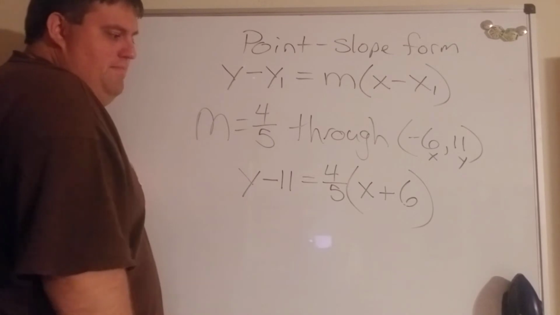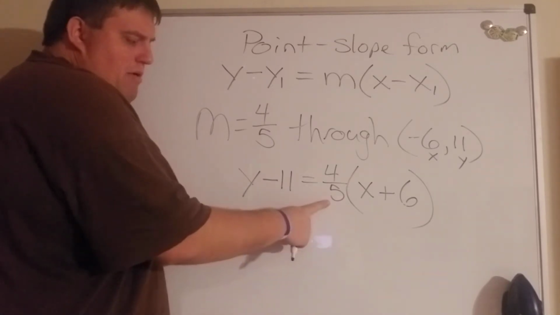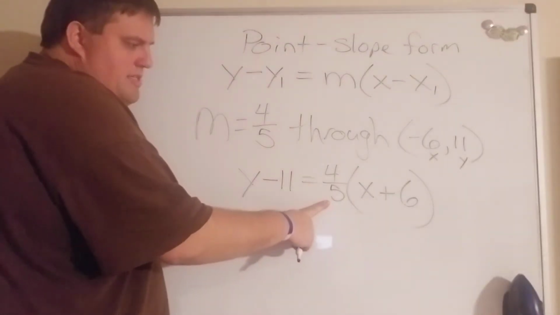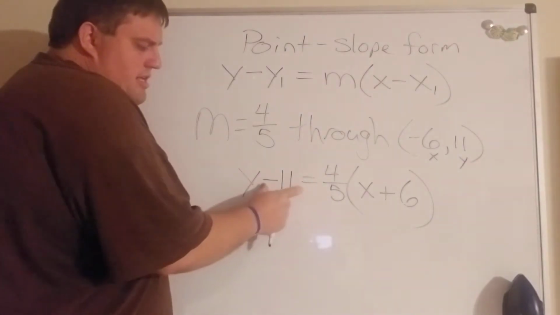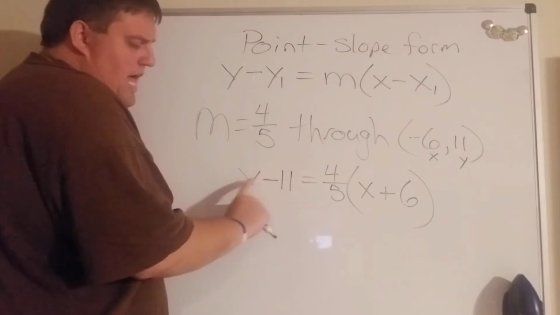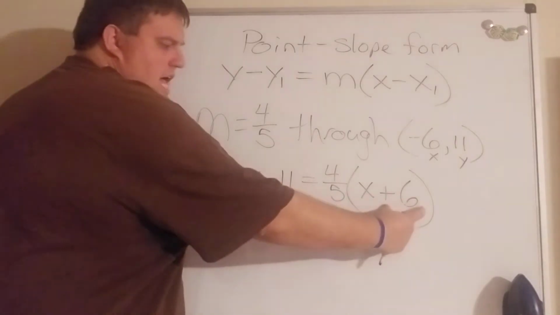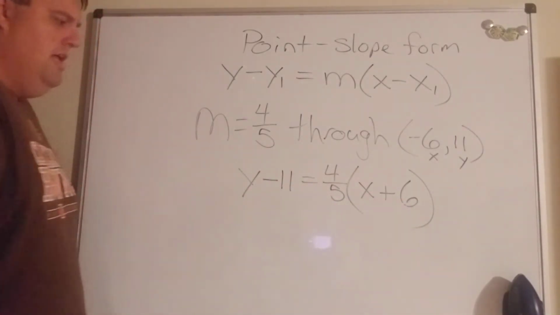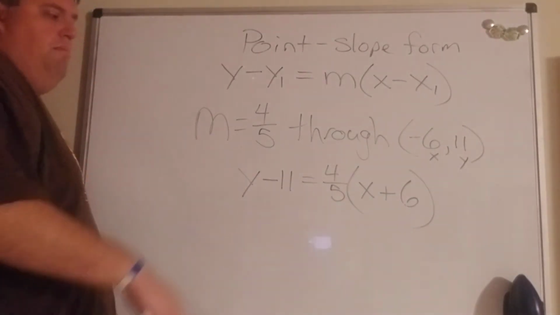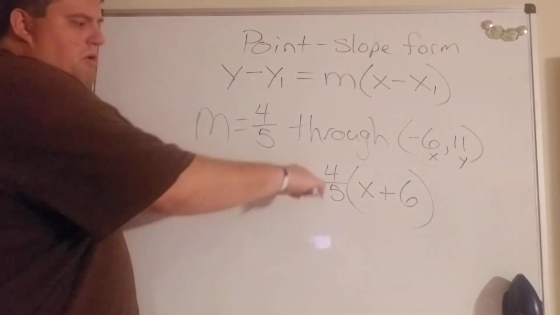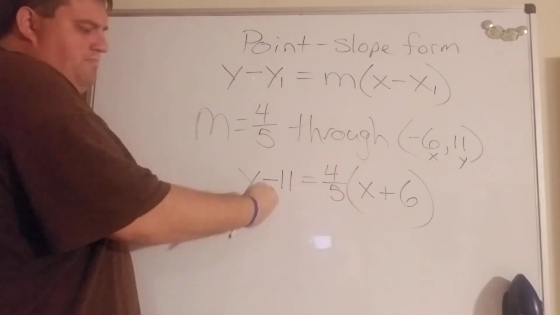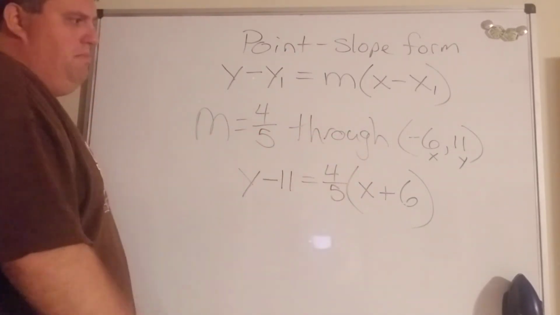That's pretty much it. So notice that we have our slope out here. We can tell what the slope is. This is the opposite y value, and this is the opposite x value. Now, if we wanted to, we could turn this into slope-intercept form from here. We could just multiply through, add 11 over, and we can get it to slope-intercept form.